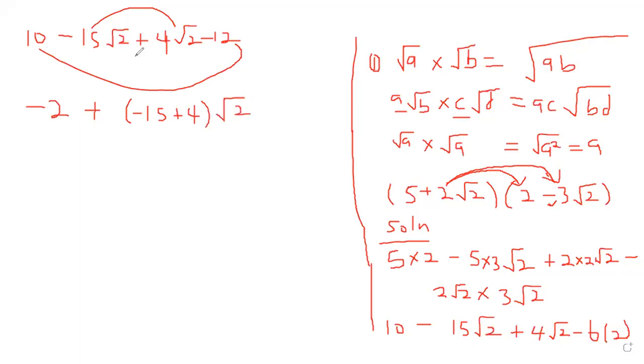I'm factorizing the root 2 out. So that gives me minus 2, negative 15 plus 4 will be negative 11 root 2. And that is our final answer.